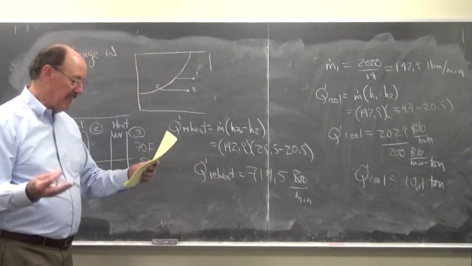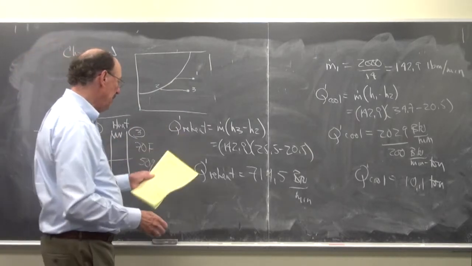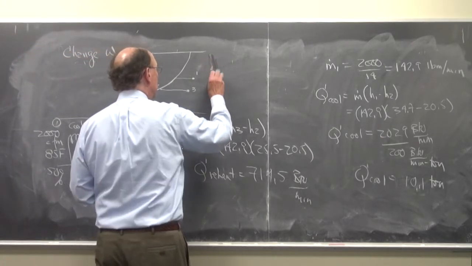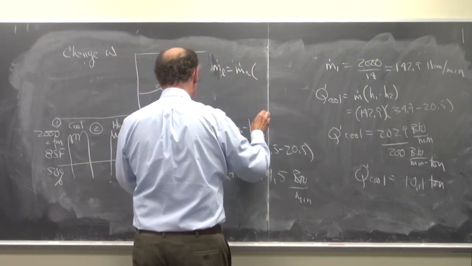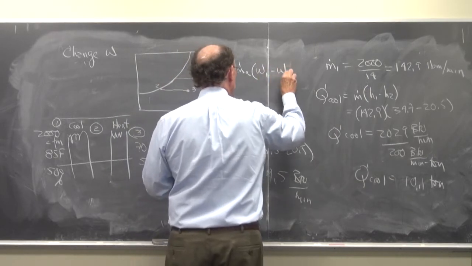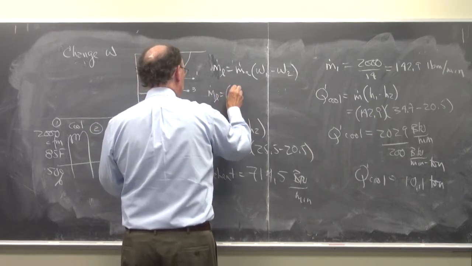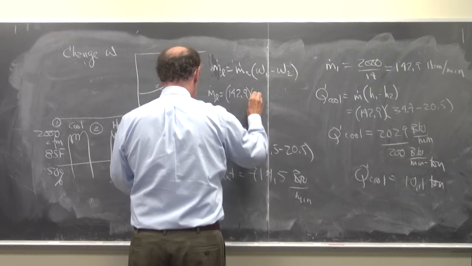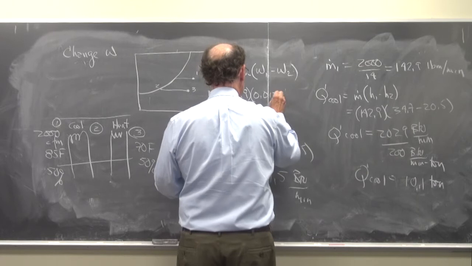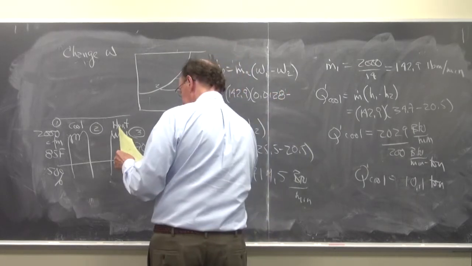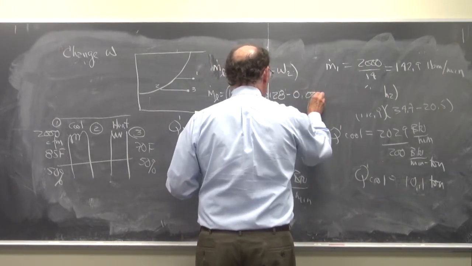And let's see how much liquid came out. So we cooled this, so we have the liquid come out, and m dot of the liquid is m dot A times omega 1 minus omega 2. 142.9 times 0.0128 minus 0.0077.